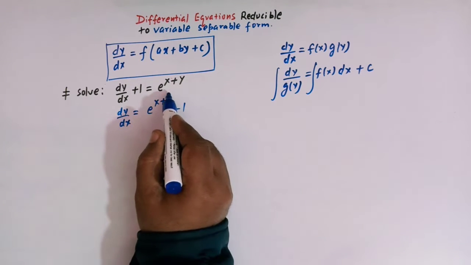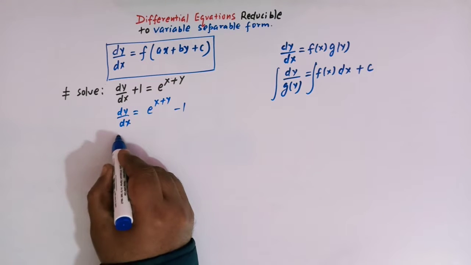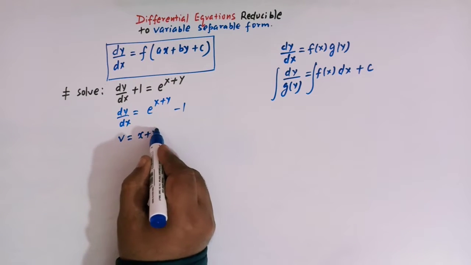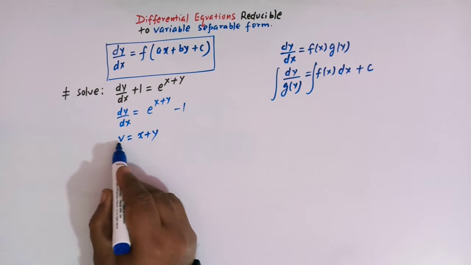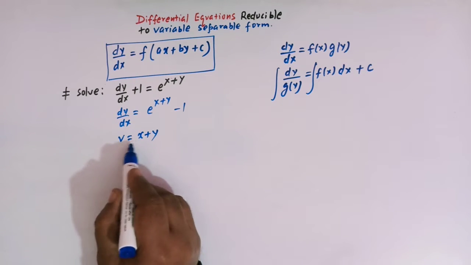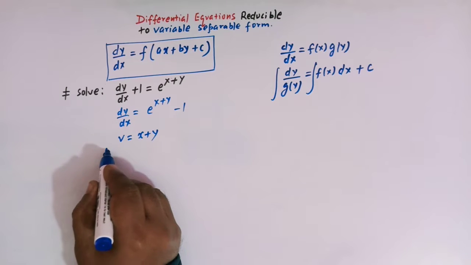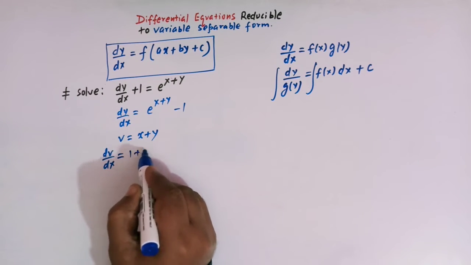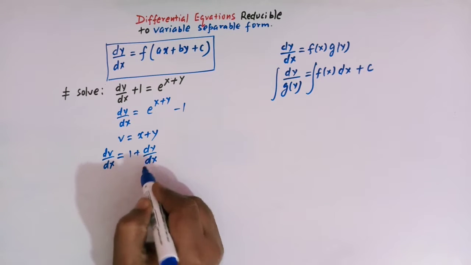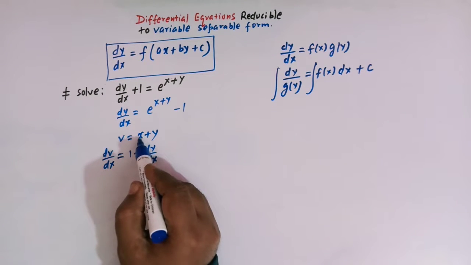So now here our substitution would be v is equal to x plus y, right? So we'll take x plus y is equal to v, and now we can differentiate both sides with respect to x. So we'll have dv over dx is equal to 1 plus dy over dx, right? So here the derivative of x is 1.